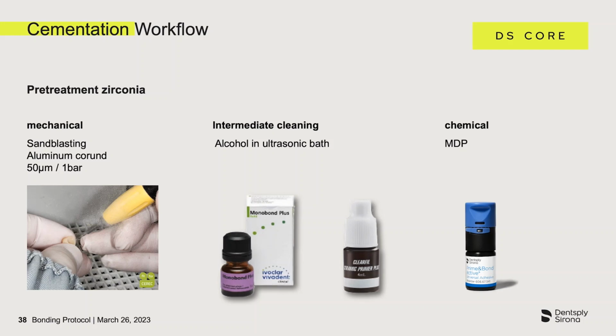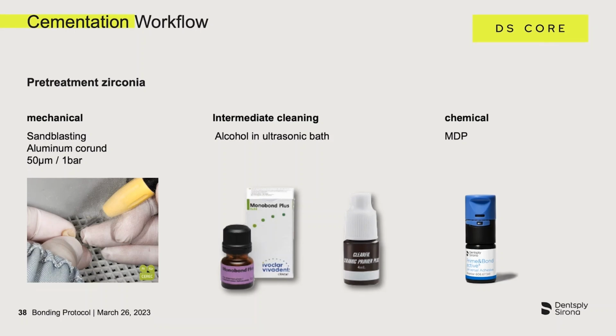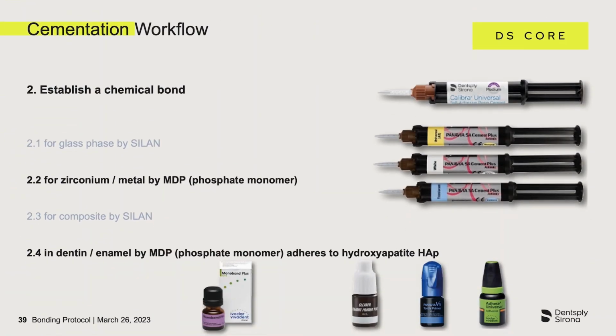Afterwards, the restoration should be cleaned in a clean alcohol ultrasonic bath. The chemical bond is achieved by MDP. At this point, it should be noted again that MDP can be present in self-adhesive cements as well as in bonding agents used with conventional composite cements.